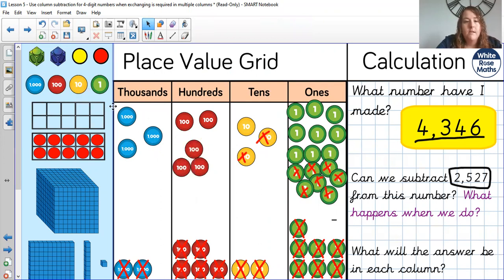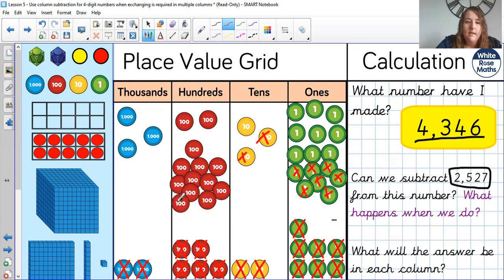So 1, 2, 3, 4, 5, 6, 7, 8, 9, and 10. And now I can get rid of the 5. So 1, 2, 3, 4, 5. And then I've got 3 thousands and I need to take away 2 of them. So I can do that.